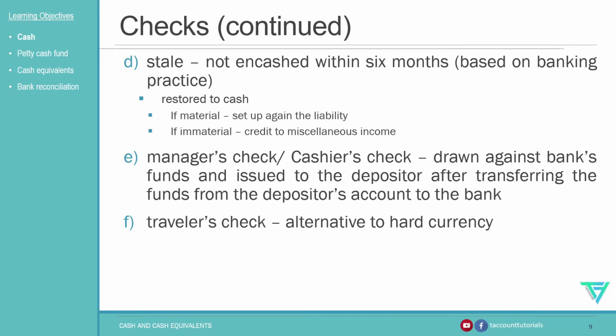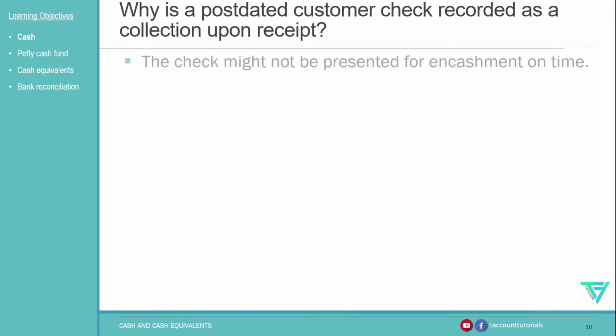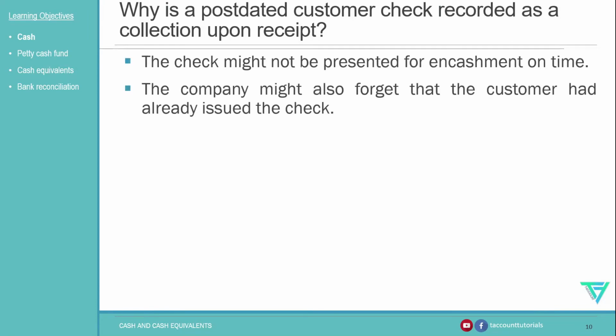You're now wondering why a post-dated customer check is recorded as collection upon receipt. Here are the reasons. The check might not be presented for encashment on time, or the company might forget that the customer had already issued the check.